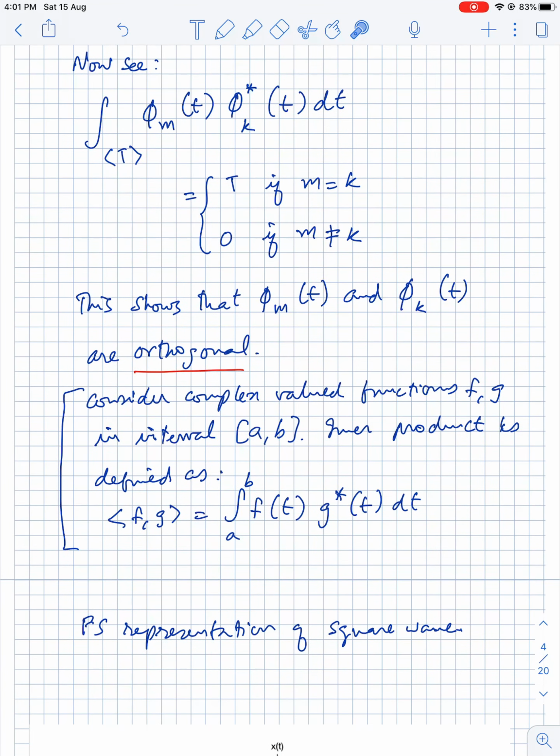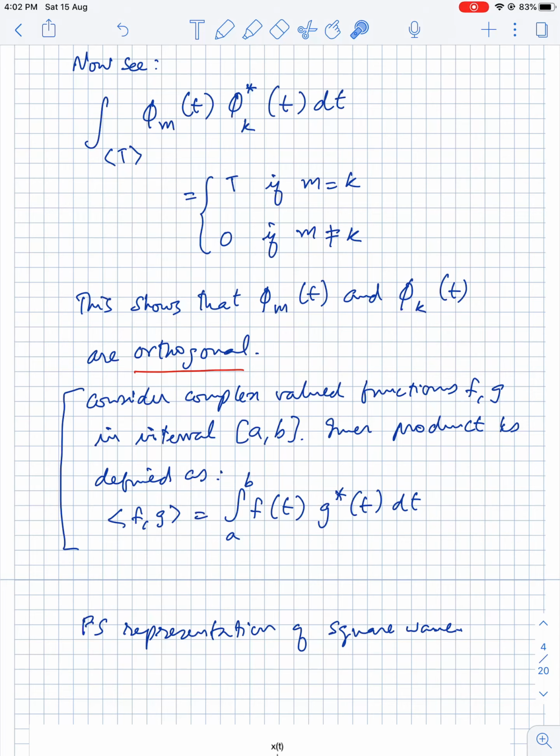Just as an aside, consider two complex valued functions f and g in the interval a b. The inner product, with the notation f, g in angular brackets, is defined as the integral over a b of f of t g star of t dt.